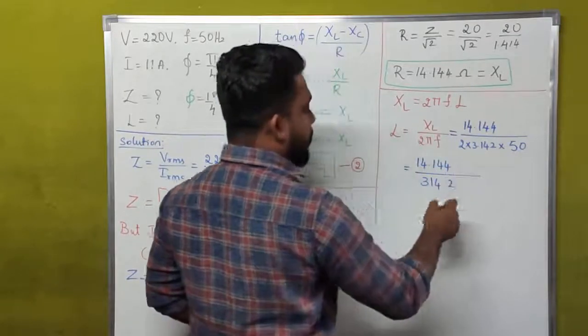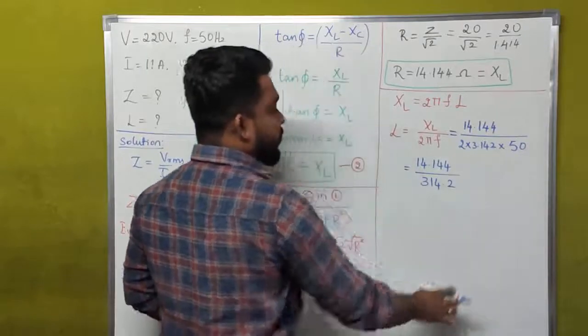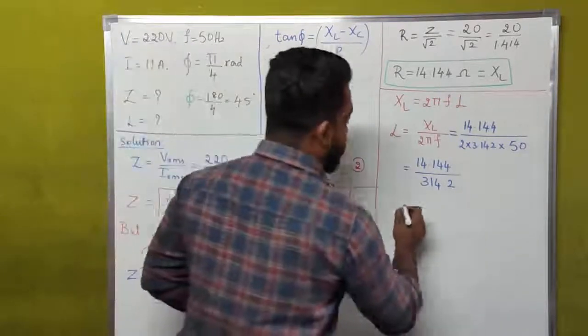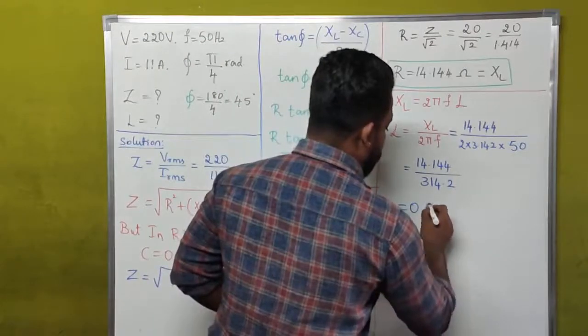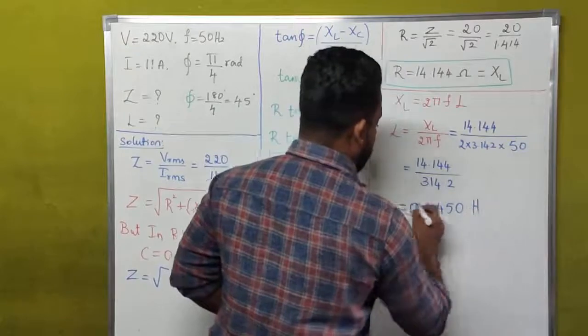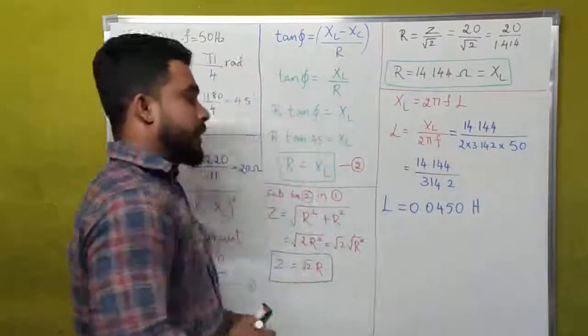14.144 divided by 314.2 means we will get 0.0450 Henry. This is the value of inductance.